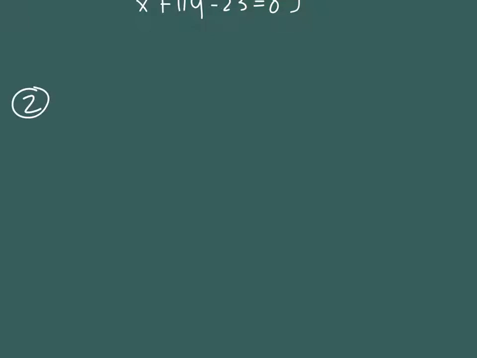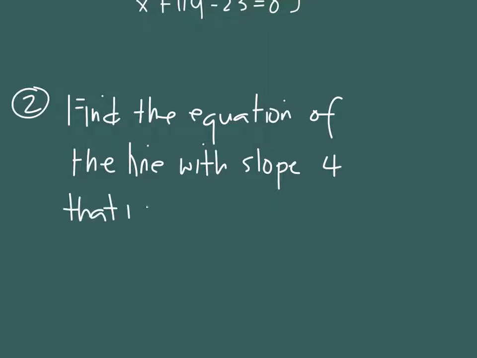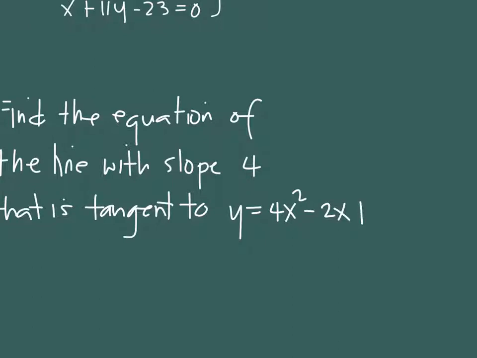So number 2, suppose we want to find the equation of the line with slope, let's say 4, that is tangent to y equals 4x squared minus 2x plus 1.